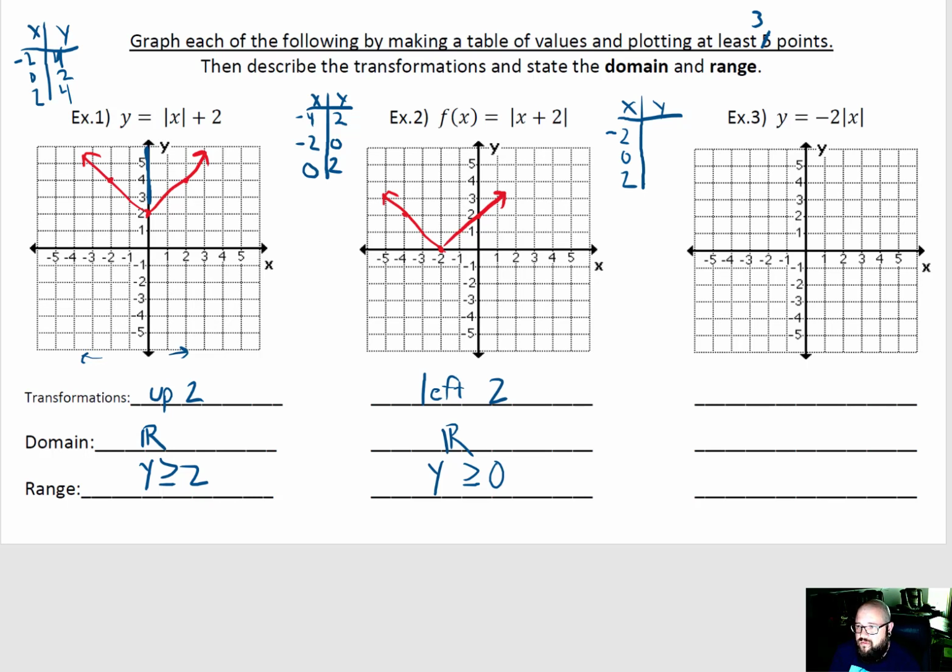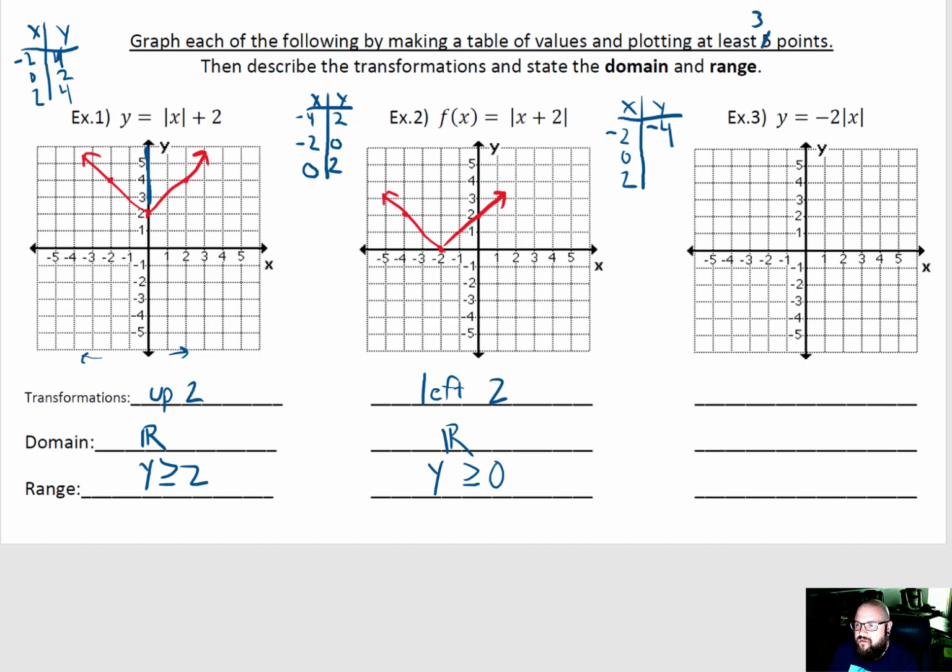Okay, so if we took -2 and put it inside here, we'd get -2 times the absolute value of -2, which would be -2 times 2, giving us -4, because the -2 inside the absolute value would turn positive, so you would still have a -2 outside.